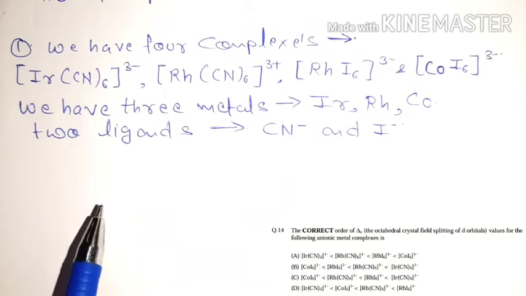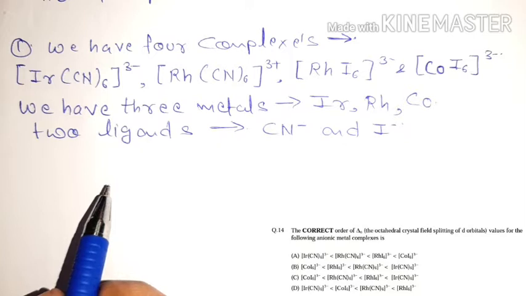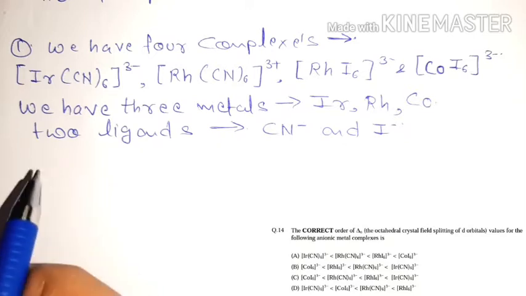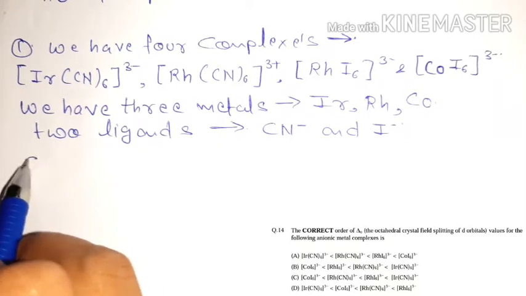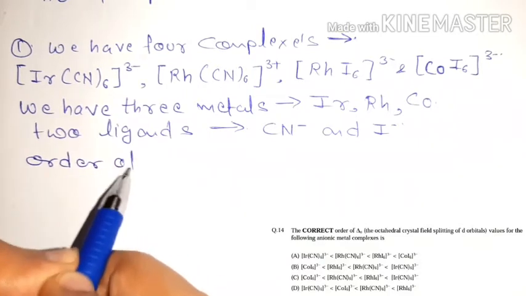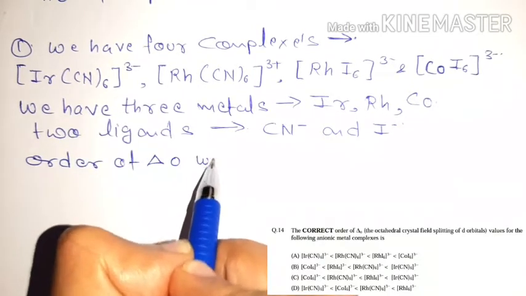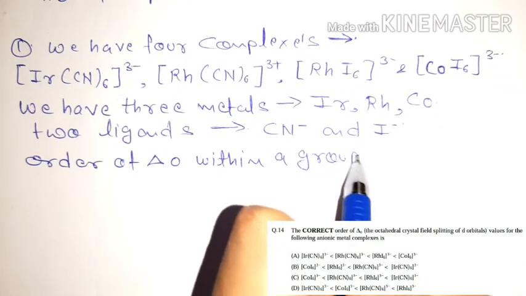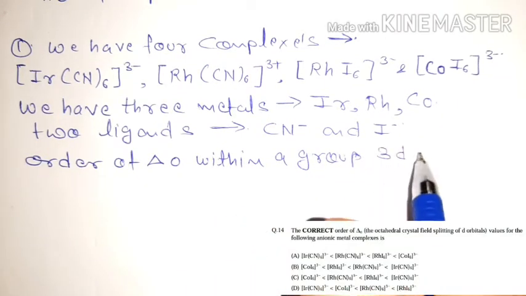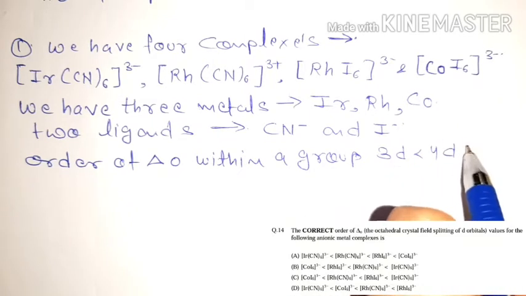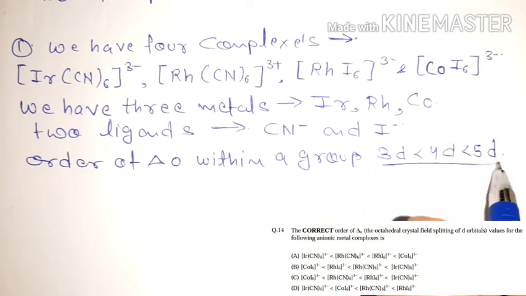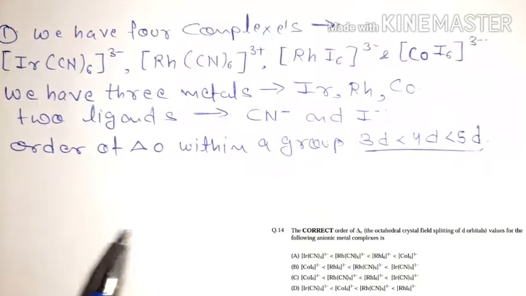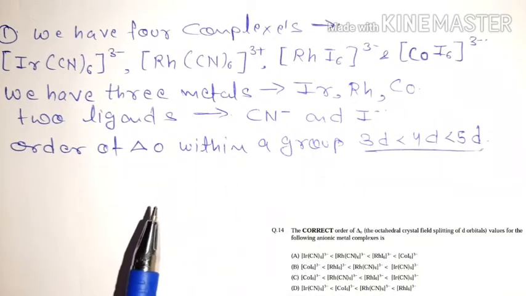So friends, as we know, what is the order of delta O within a group? The order of delta O within a group in your transition metals is 3d less than 4d less than 5d. Remember this order.